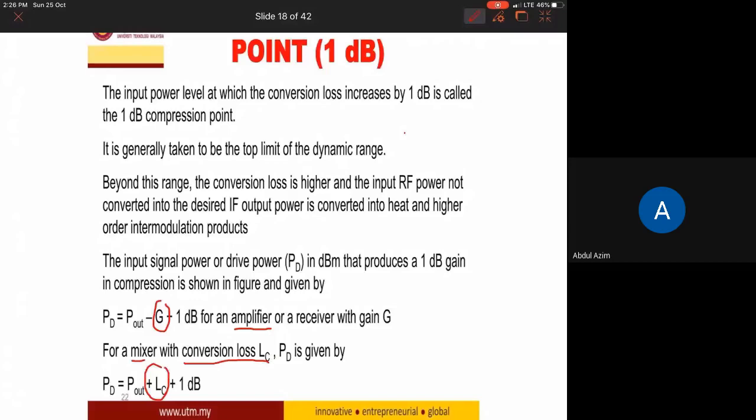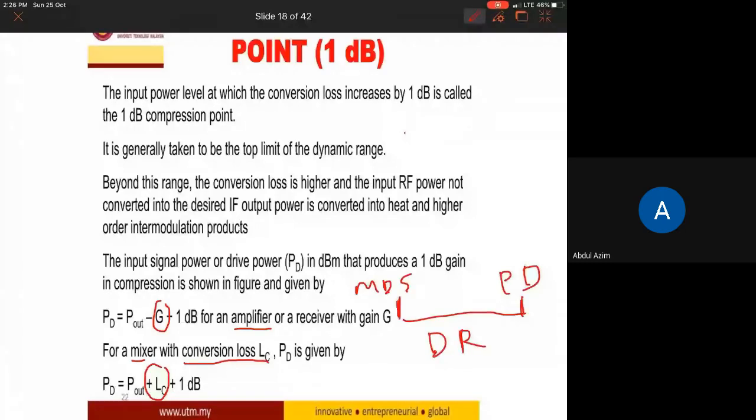When you know the MDS and you know the PD, then you know the DR. What is DR? The dynamic range.